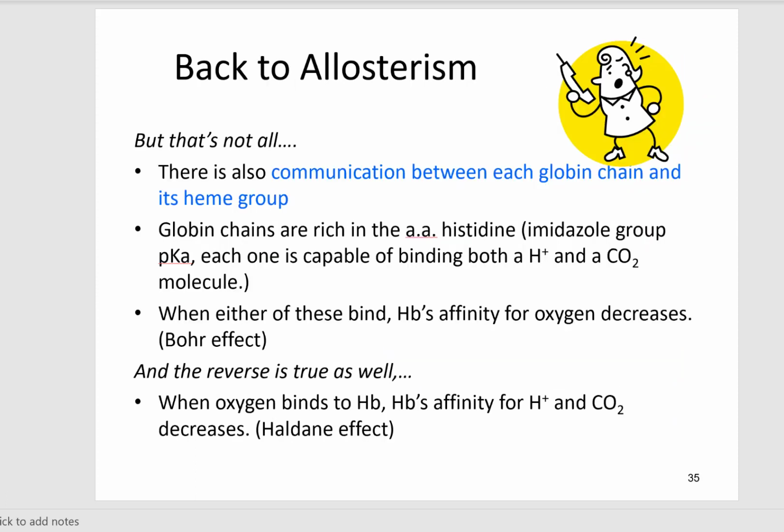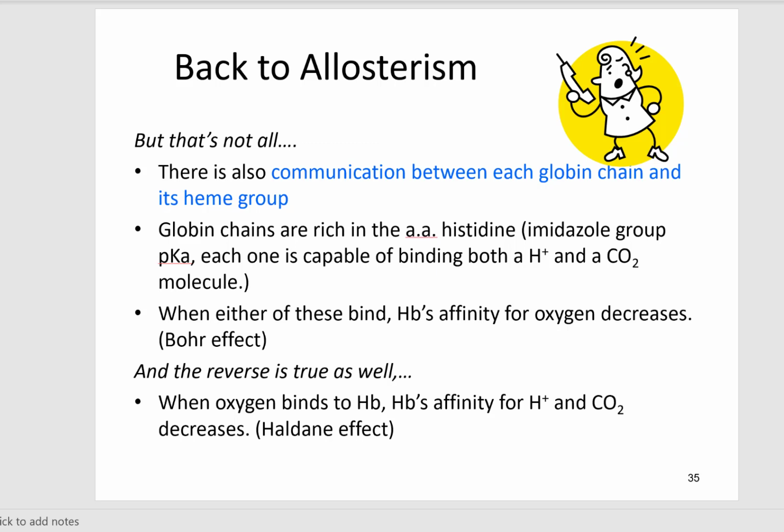Again, that sigmoid curve suggests an allosteric interaction. This means there is communication between each globin chain and its heme group. Not only is there communication between each globin chain and its heme group, but there's also communication between the adjacent globin chains with their heme groups.